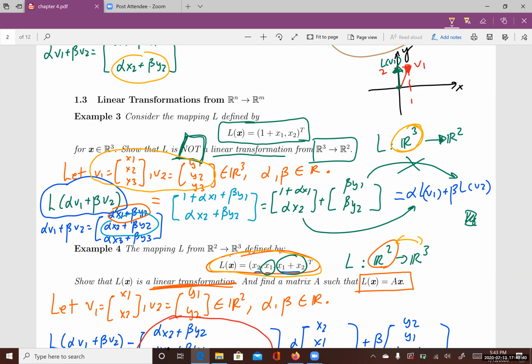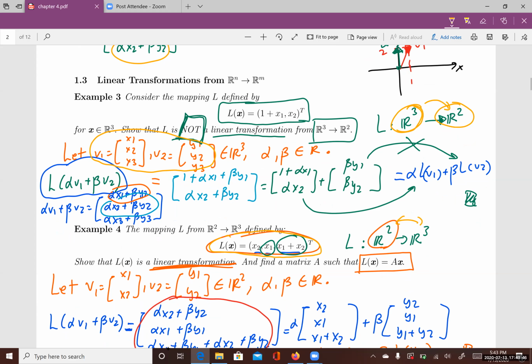And then the result will be a vector in a different vector space. For example, I was calling vectors in R3, and after I apply this map onto the combination of these two vectors, the result vector that I got is a vector in R2.